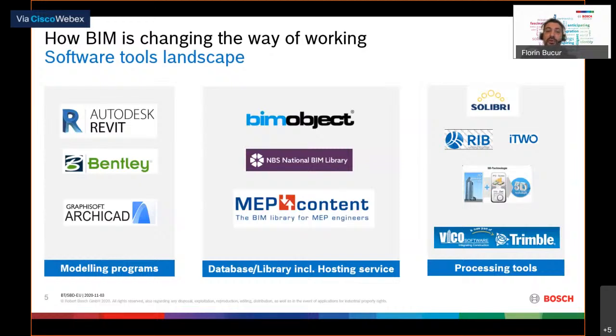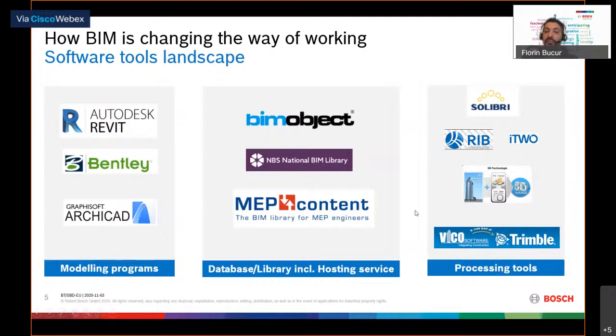One of the most popular, of course, is BIM Object. We, as Bosch, were also present in this BIM Object library, but we decided that we're going to host the objects that we can provide for ourselves. I will come to that in a minute. Then we have other libraries, and there are a lot of them. For example, NBS, the National BIM Library in the UK, or MAP in the Netherlands, and so on.